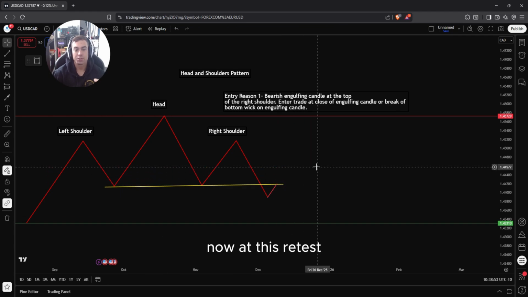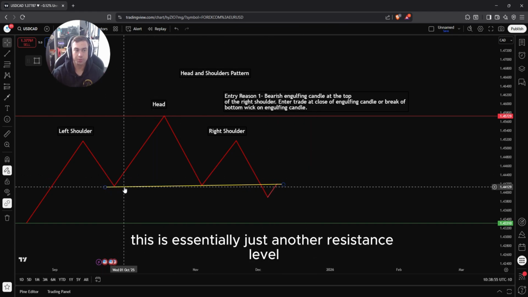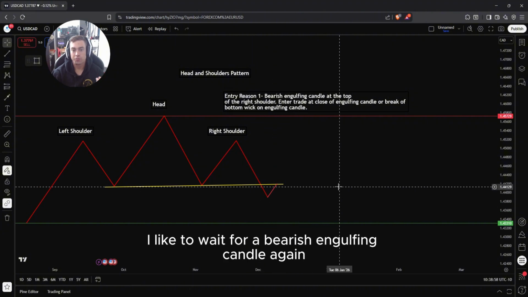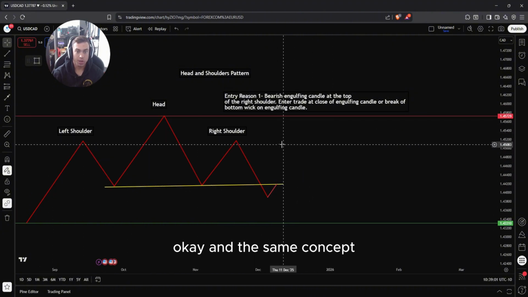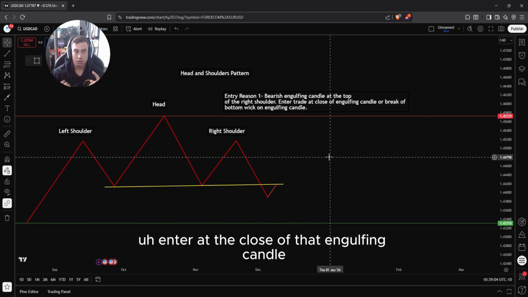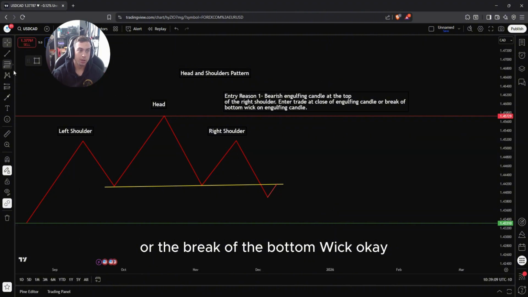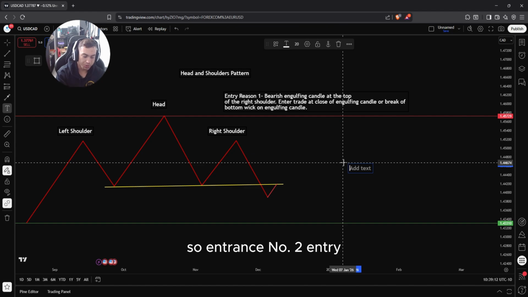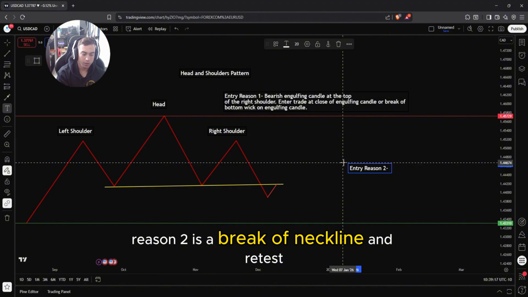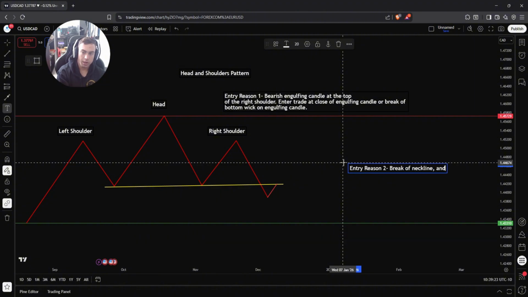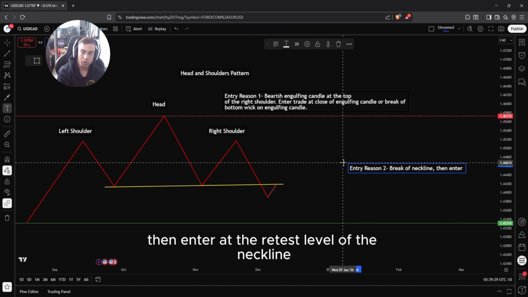Now at this retest, this is essentially just another resistance level in the market. I like to wait for a bearish engulfing candle again, and the same concept applies: enter at the close of that engulfing candle or the break of the bottom wick. So entry reason two is a break of the neckline, then enter at the retest level of the neckline.